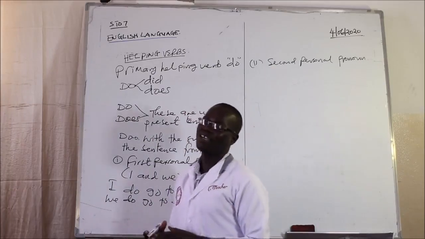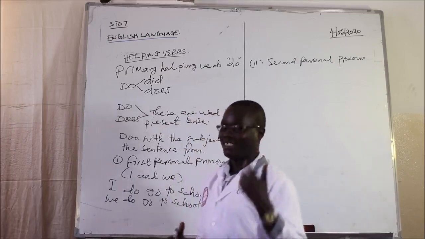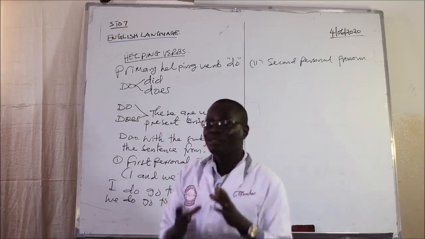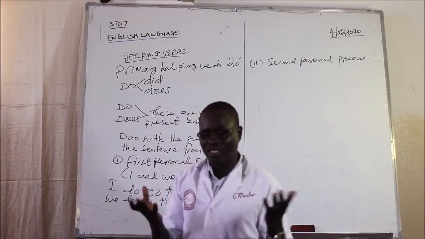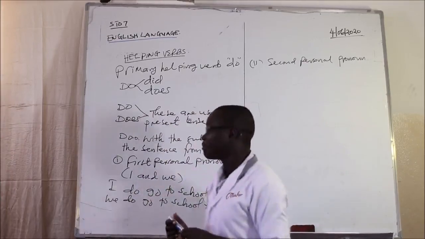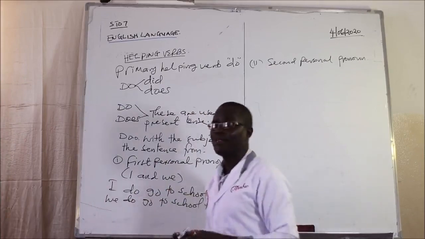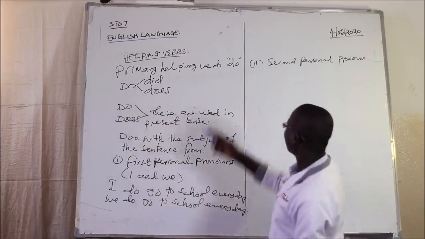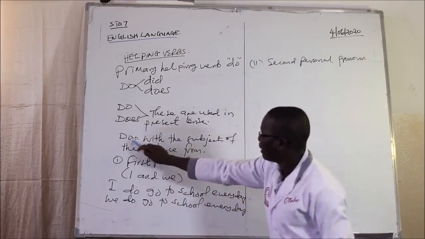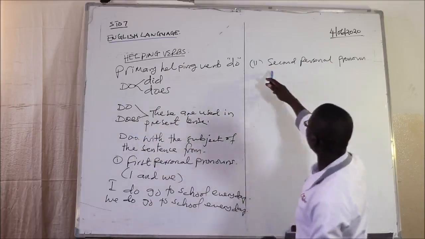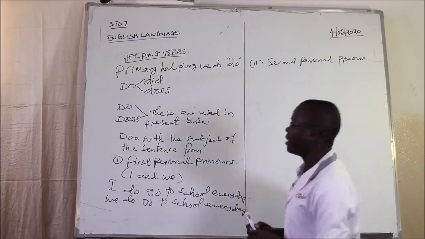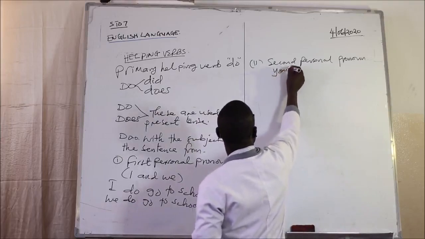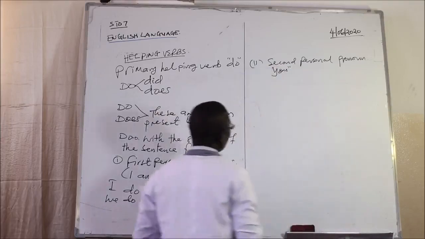For example, if I ask you, do you know Teacher Juma? Do you really concentrate? Therefore, we are now considering the subject you to be used with do. This is why we are saying that helping verb do here is used with the second personal pronoun, which is none other than pronoun you.